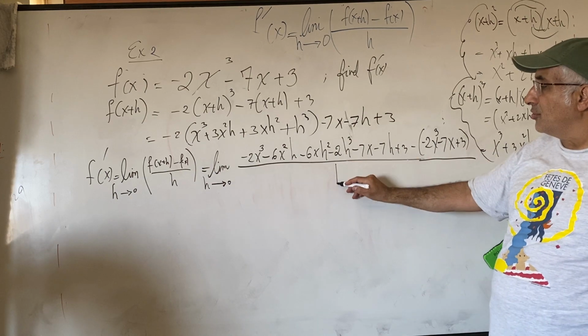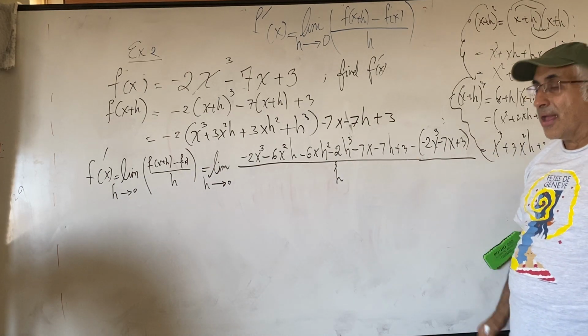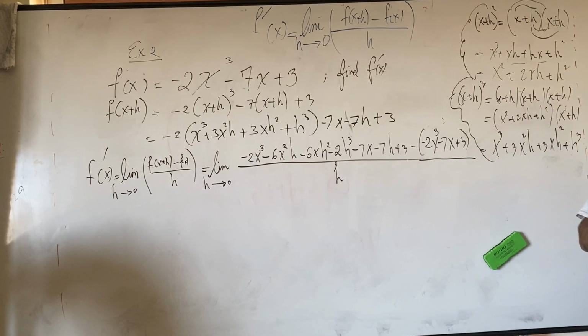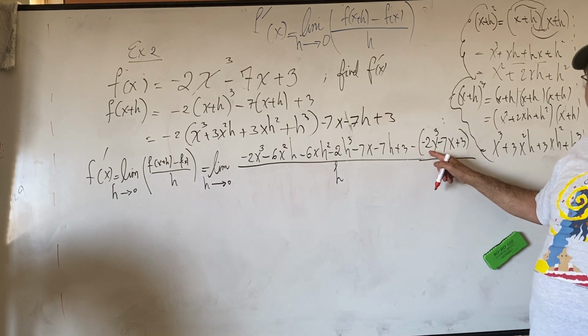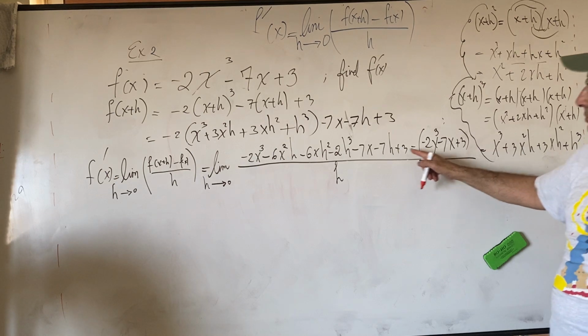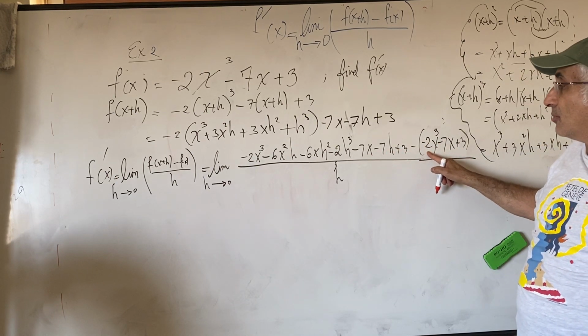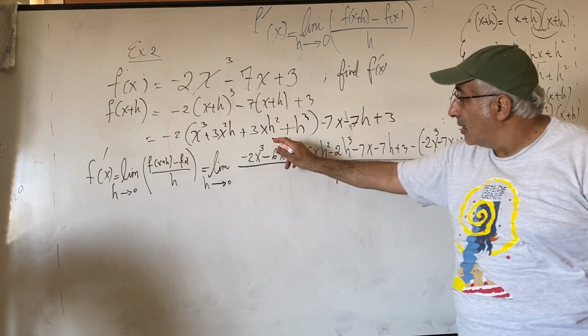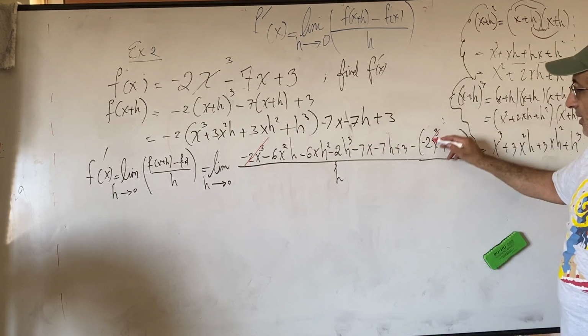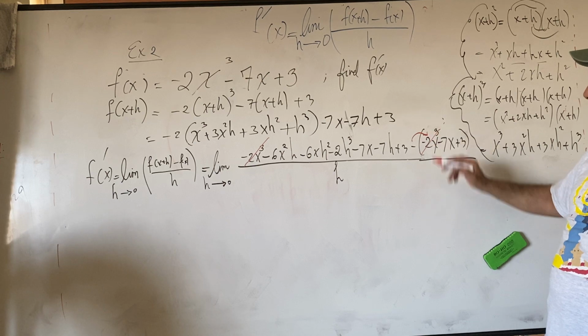Remember the trick I told you? What is the trick? Everything inside the bracket should cancel out. You don't believe me? Let's try it out. Is there a plus 2x cubed to cancel the minus 2x cubed? So this one minus goes with the plus because minus times minus, it's a plus.